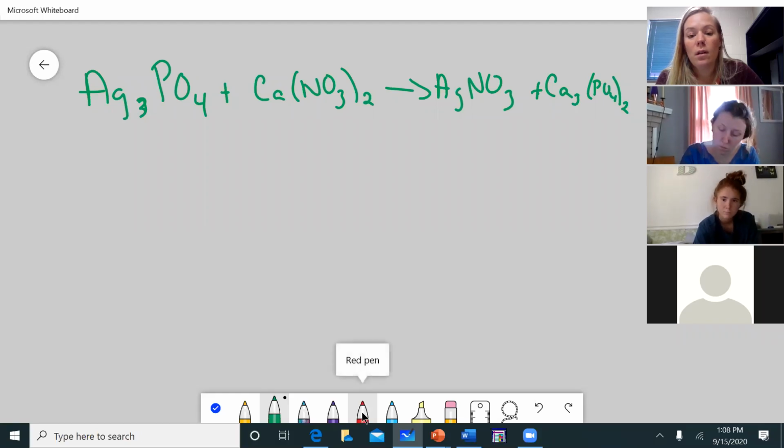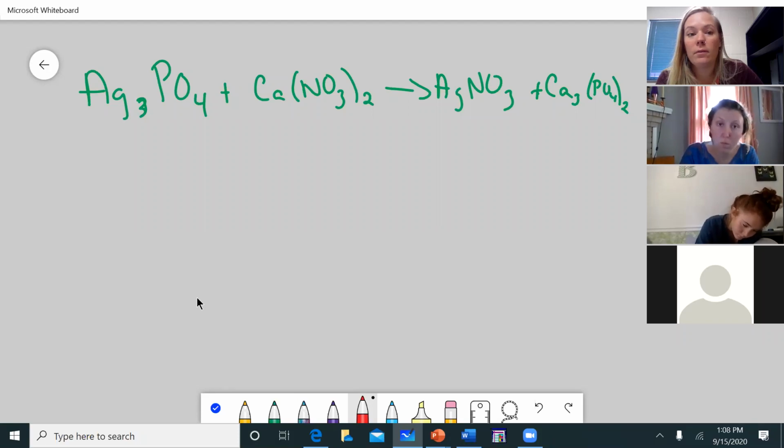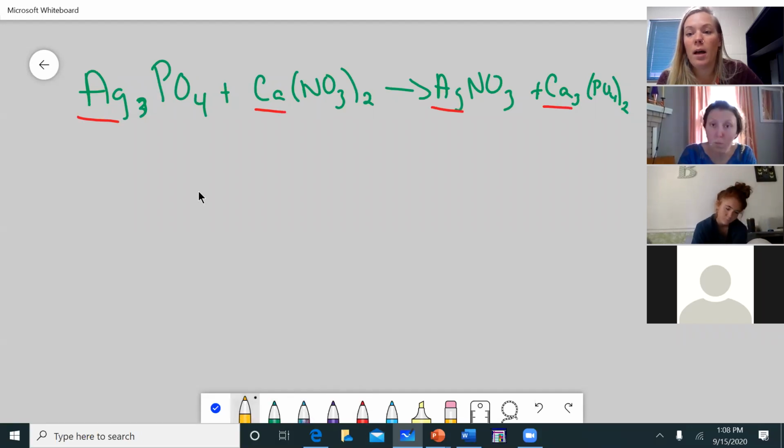So let's look at what we've got going on here. We've got a metal, Ag. We also have Ca. Then we have these other things, and those are the polyatomic ions. So this one here is phosphate. So I'm going to circle it here. There's a phosphate, and then here's a phosphate over here.